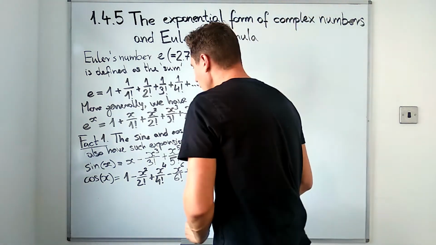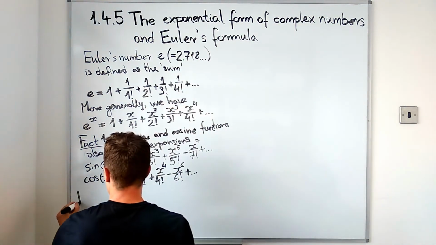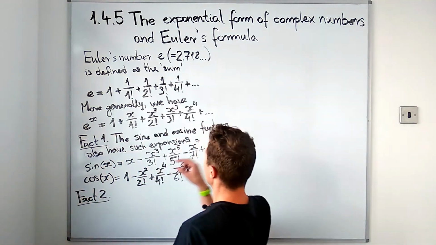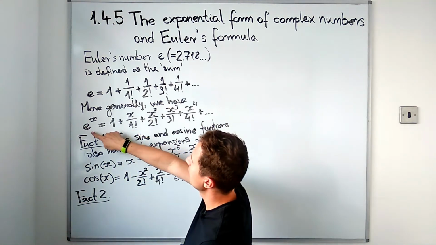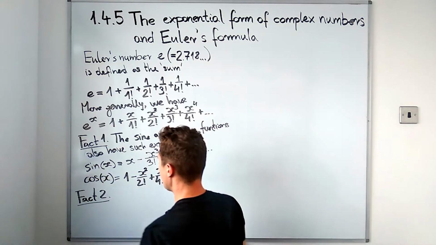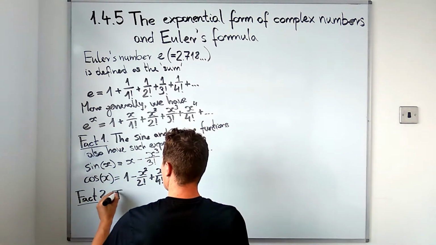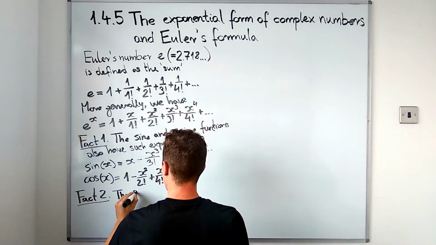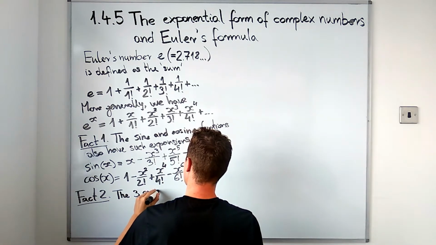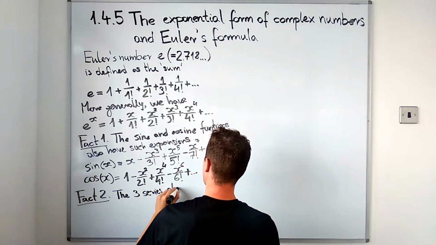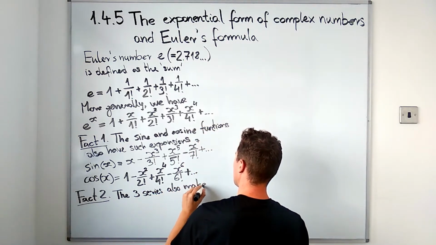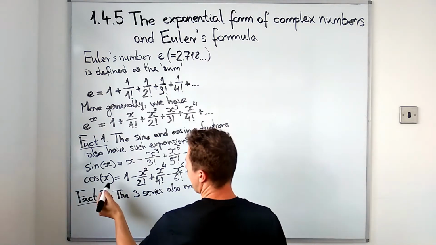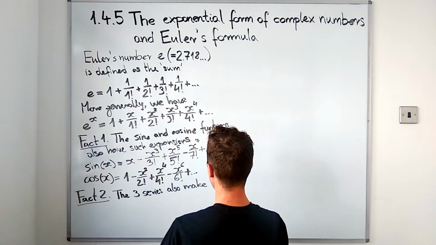Fact number 2 is that these 3 series for the exponential, sine and cosine functions also make sense for complex numbers, with x being replaced by a complex number.